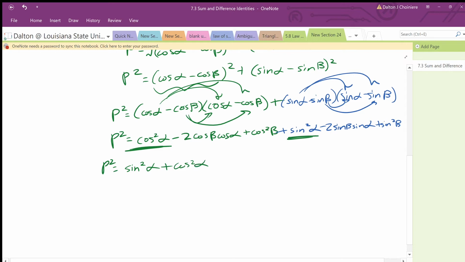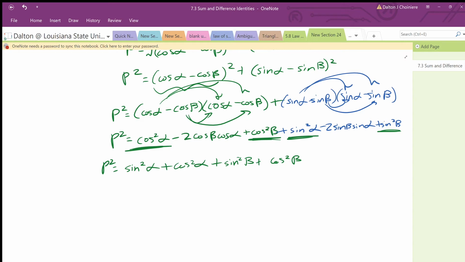Okay, plus, let me just continue to re-scramble my terms here, sine squared beta plus cosine squared beta, I know that will also equal 1 using my Pythagorean identity.